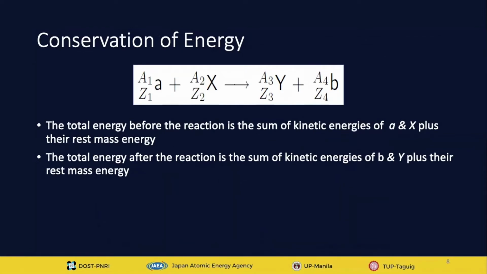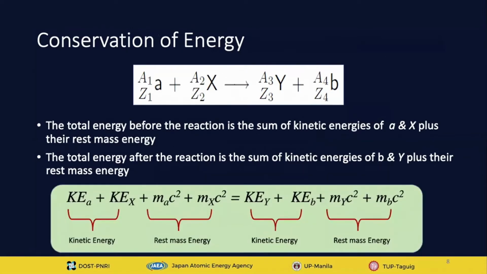So that means that the sum of the energies, kinetic energy and rest mass energy, of our reactants right here should be equal to the total energy of our products, which is the sum of the kinetic energies of our ejectile and our product Y, including their rest mass energy.